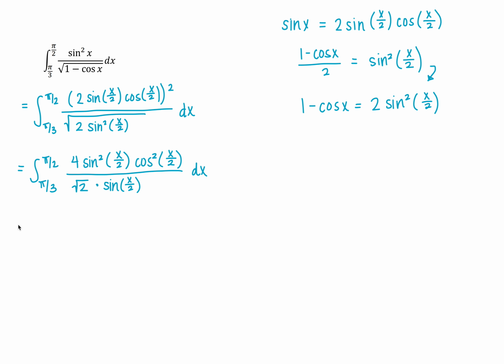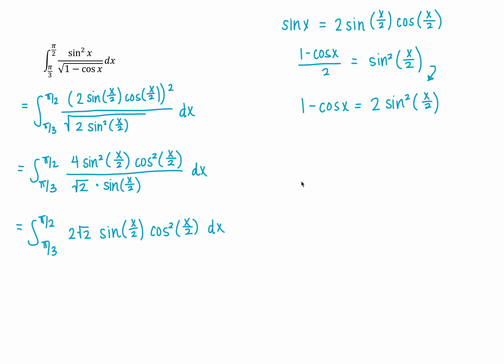So once I do that, I'm left with 2 times the square root of 2 sine of x over 2 cosine squared x over 2. And believe it or not, even though this kind of looks like a mess, we're actually almost done, and we're just about ready to integrate this.